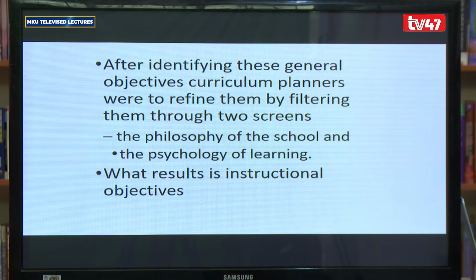After identifying these general objectives, curriculum planners were to refine them by filtering them through 2 screens. The first one is the philosophy of the school, and secondly, the psychology of learning. What results is instructional objectives.